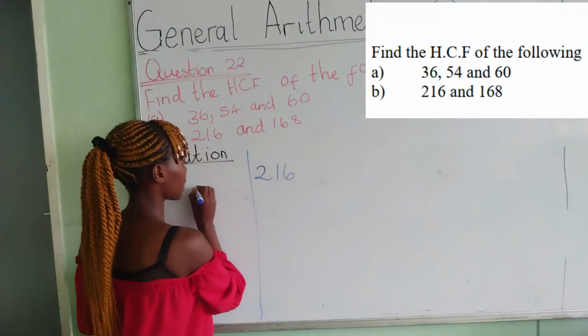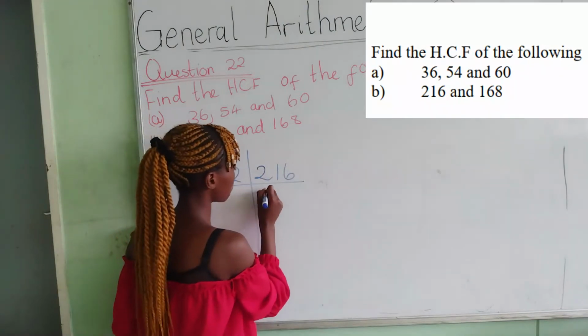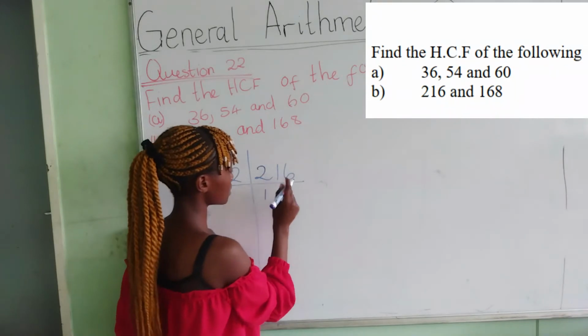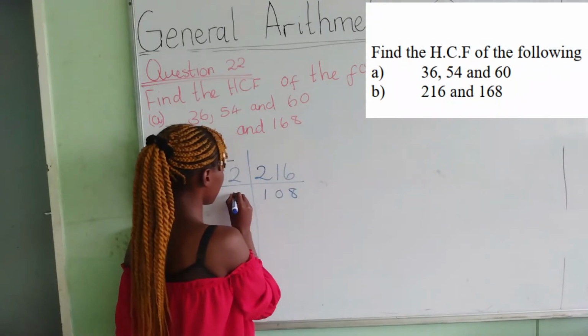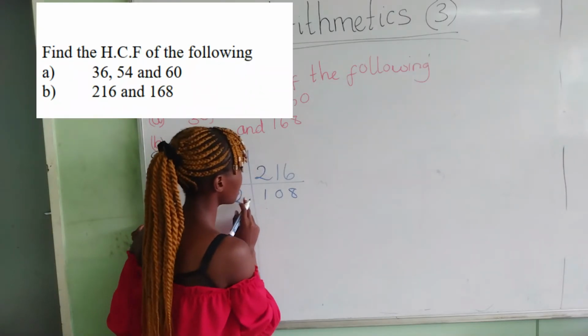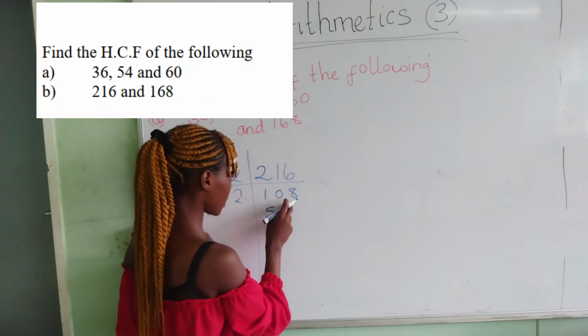So our table again, start with 2. 2 into 216 is 108. 2 into 108 is 54. 2 into 54 is 27.